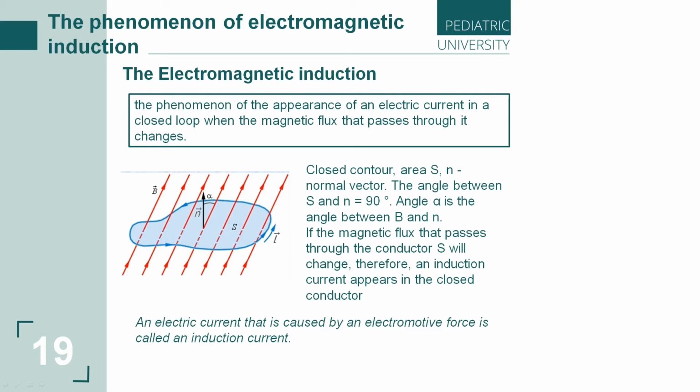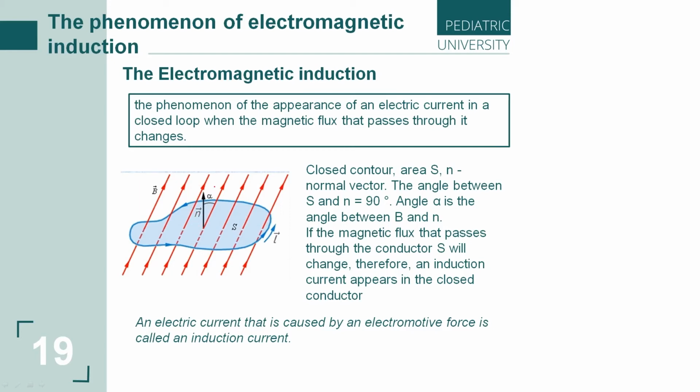So let's pay attention to the figure. We have a conductor, a closed loop, this deep blue one. Area S is inside this closed conductor or closed contour. There is N. What is N? This is a normal vector.